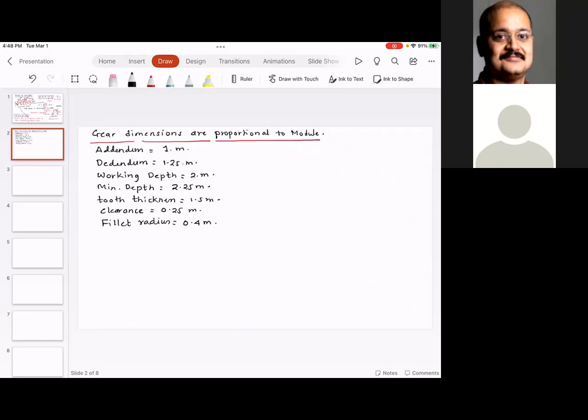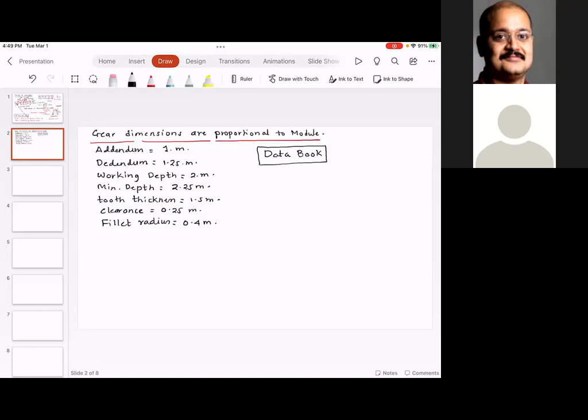Everyone understood this? Now, at this point, let me explain to you. When we look at the gear design, we are going to use a lot of data. So we need access to a data book. The good news is all the information that we need about the strength of the material, the proportions of the gear, standard nomenclature, standard practices, factor of safety, velocity factors, all that stuff is given in the textbook.